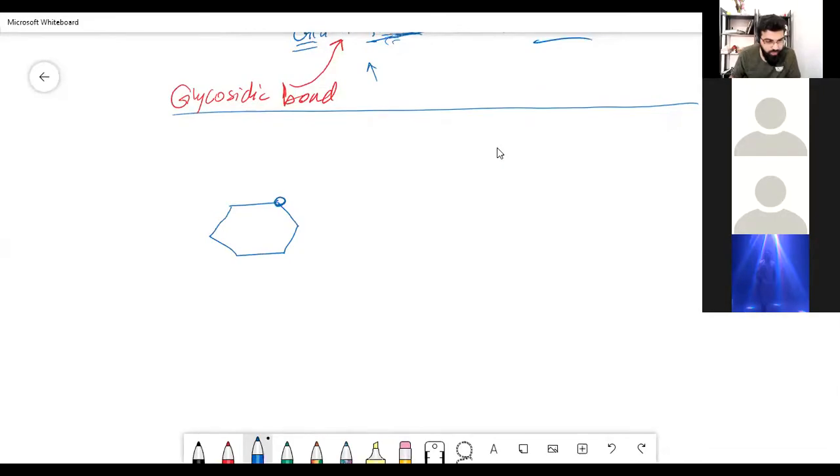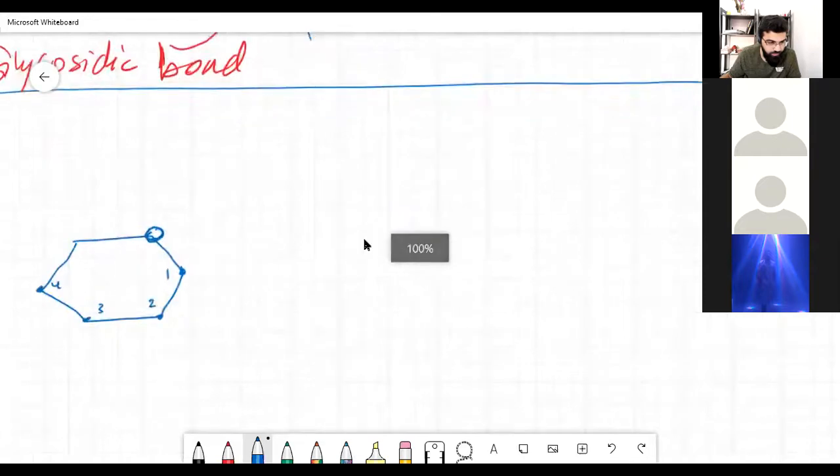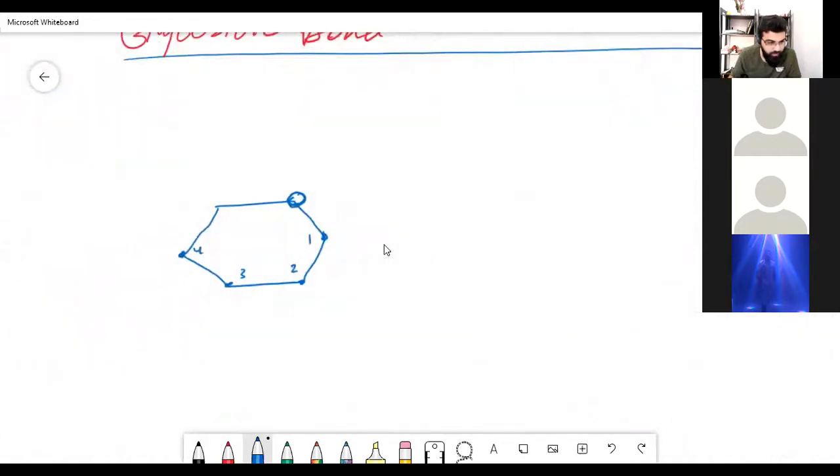This is carbon number 1, carbon number 2, carbon number 3, carbon number 4. I'll zoom in. Carbon number 5, and you know this is glucose, C6H12O6. And here we have carbon number 6.